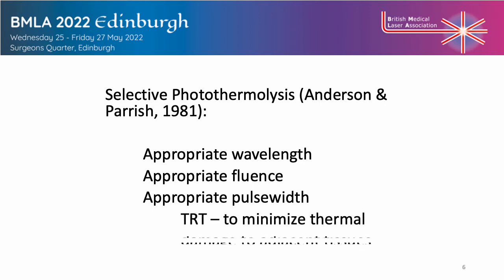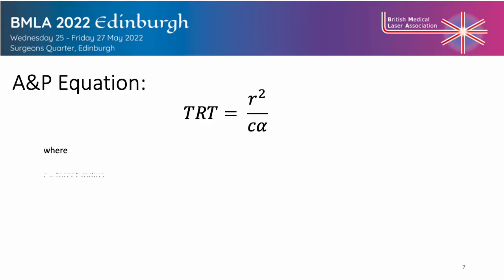Now, they chose a pulse width to match up to the relaxation time of the target, and this was chosen to minimize thermal damage to everything else around the target. But this actually is not the best way to approach this particular issue, as we'll soon find out.